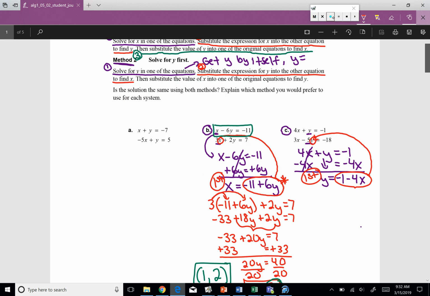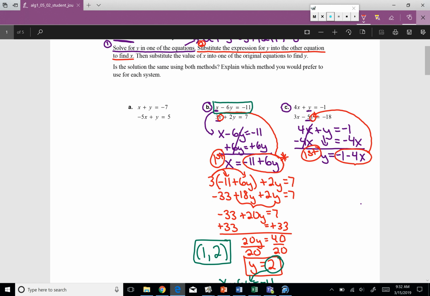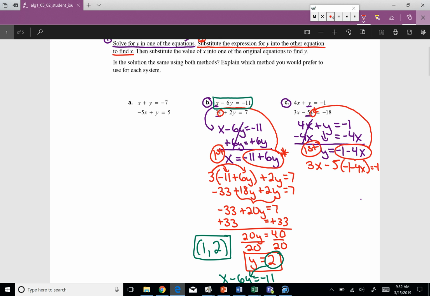In the first example we did, we had x equals, so we needed to substitute that in for x. So my second equation, we have 3x minus, then we have a 5 in front of the y. In place of the y, I'm going to put the negative 1 minus 4x, and it equals negative 18.